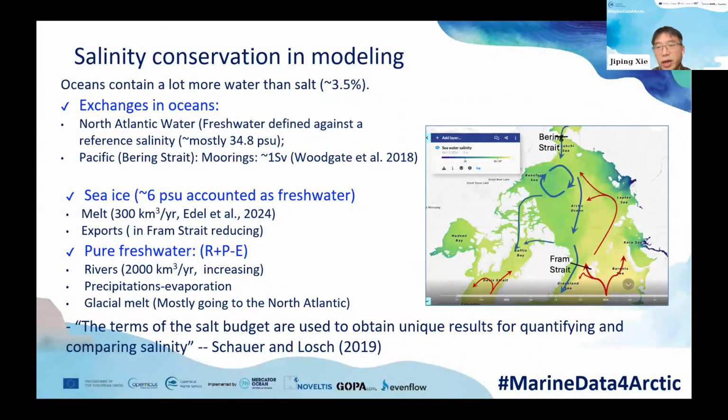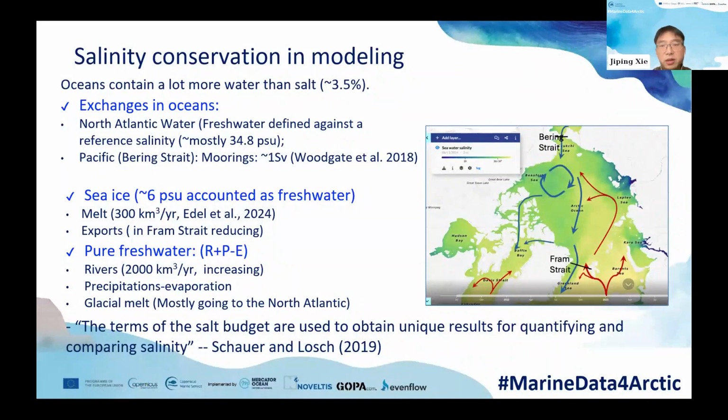For example, in our Arctic region, in the diagram you see inflow water from the Pacific through the Bering Strait, outflow through the Straits, and on the southern boundary we have Atlantic water going inside the Arctic region.